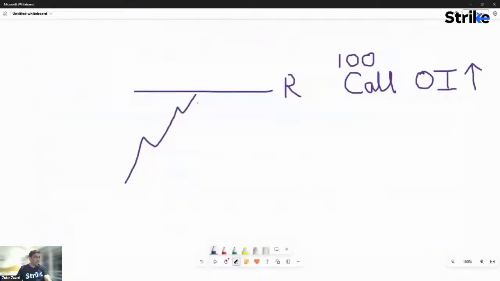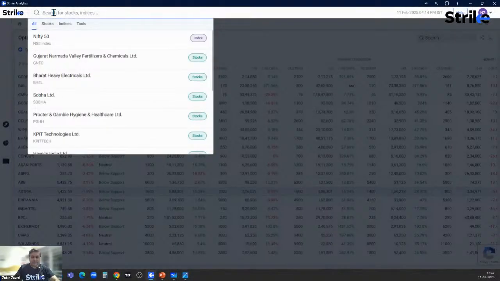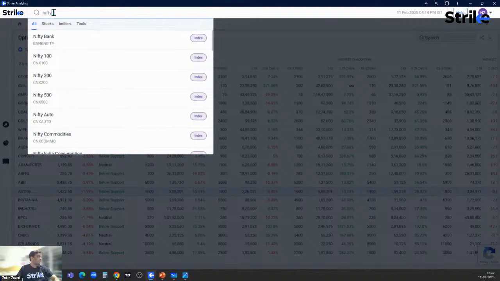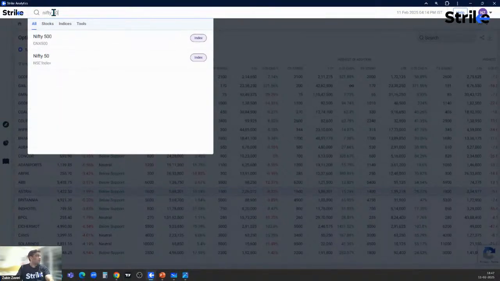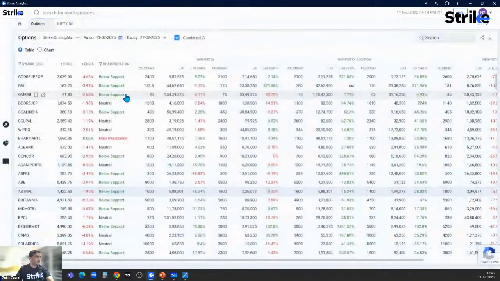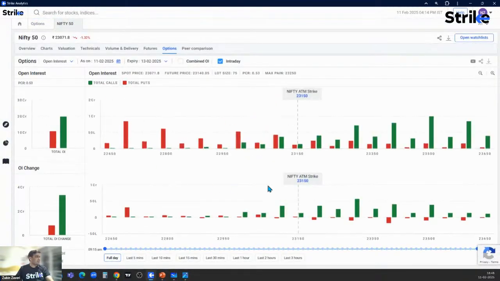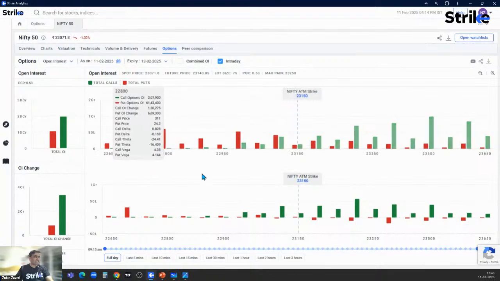Let me show you one more example using our platform. Let's suppose Nifty. When we look at the Nifty options chart, we will get this open interest analysis. The first page is open interest analysis.